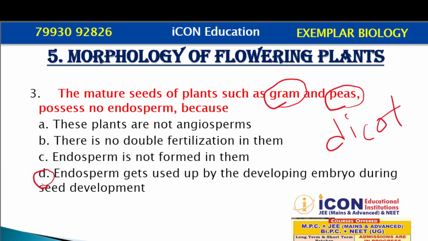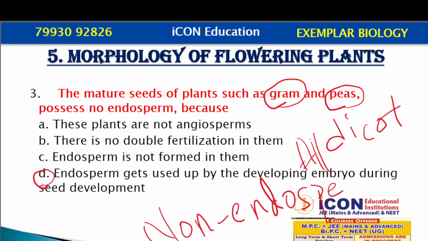Now, one more question can be framed of this type: all dicot plants are non-endospermic is a wrong statement. Students, listen. If they give you the statement all dicot plants are non-endospermic, meaning they don't have endosperm in their seed, this statement is wrong because all dicots are not non-endospermic.